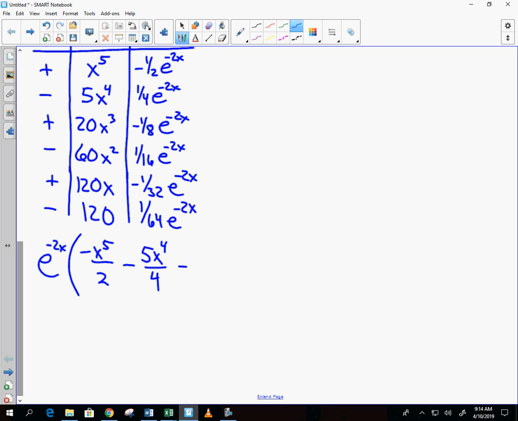Is that right? 5x cubed over 2. 60 over 16. Divide that by 4, and I think I get 15 over 4. The next one, divide by 4, get 30 over 8. So 15 over 2. And the next one, I guess this is going to be 15 over 4 then.